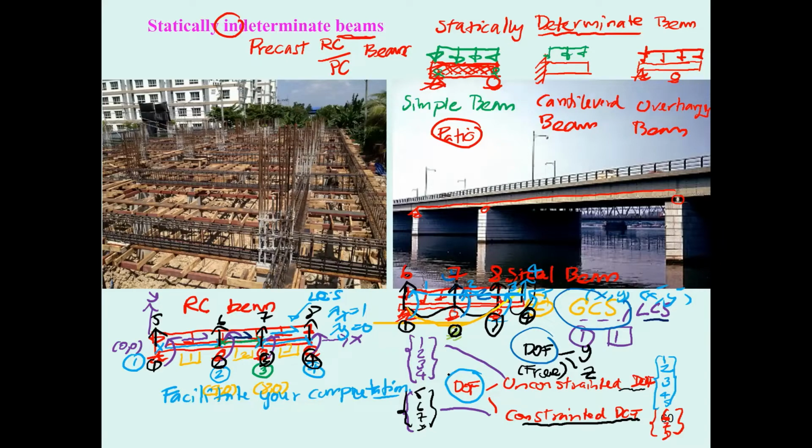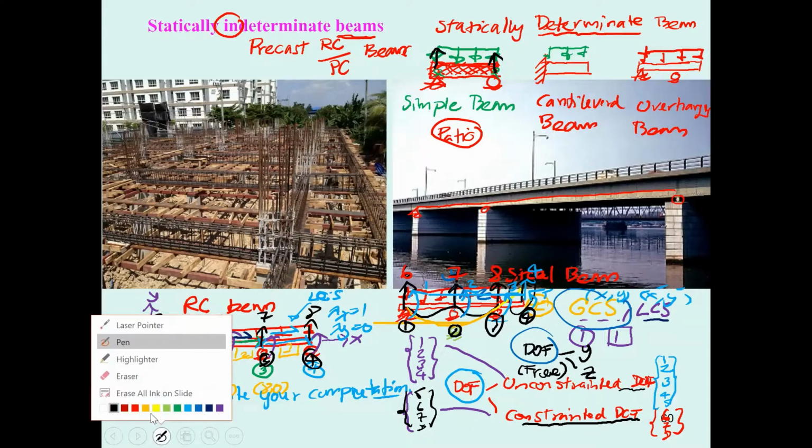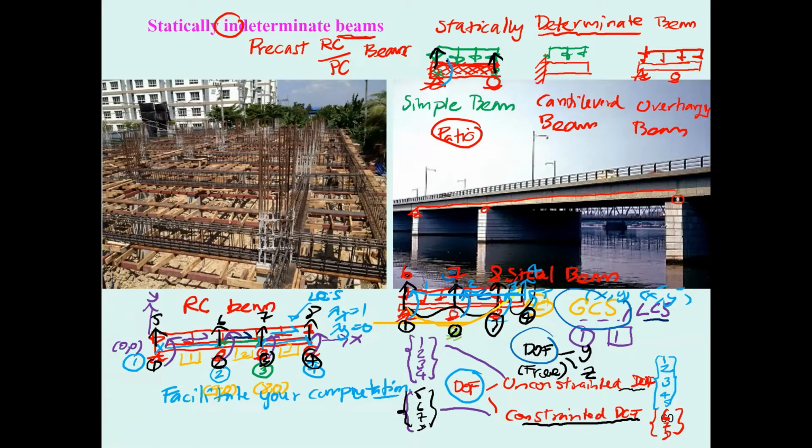And then when you change the support of the structure, what happens is the degrees of freedom change. For this one, if you try to work it out, you will have this one for the constraint, and this one for the constraint, and then you will have this one for the unconstrained and this one for the unconstrained.